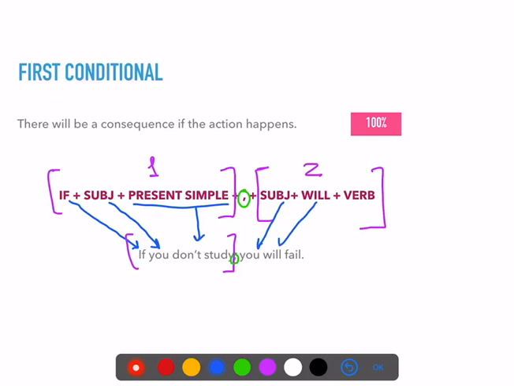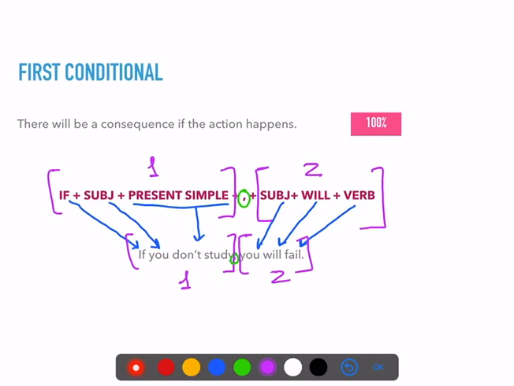You will and the verb. And here we have the second. Okay? It's a logical thing. If you don't study, for example, if you don't study the vocabulary, you will fail the vocabulary exam. It has a consequence.